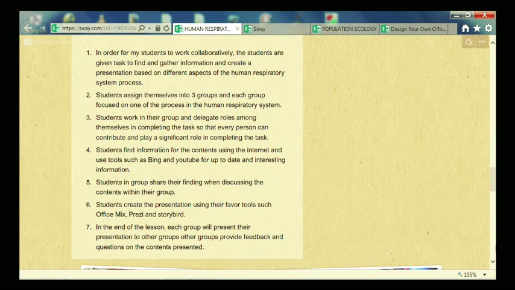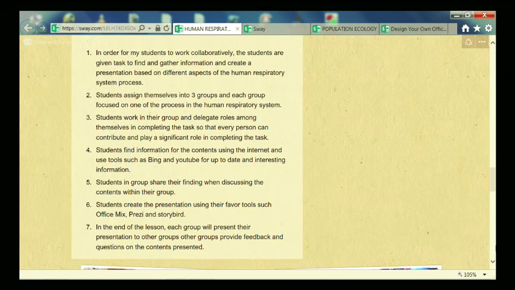So basically, the students will assign themselves into 3 different groups because we have 3 different activities, 3 different learning objectives. For example, one group will find the information on the process of respirations, okay? When they are in the groups, this helps them to delegate the roles.